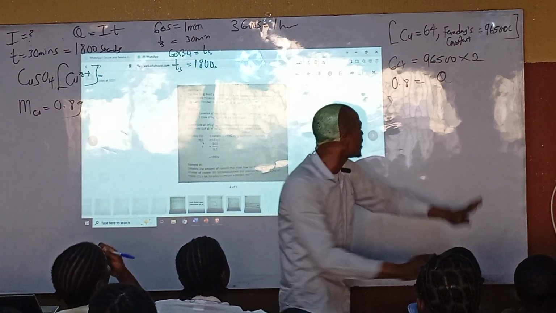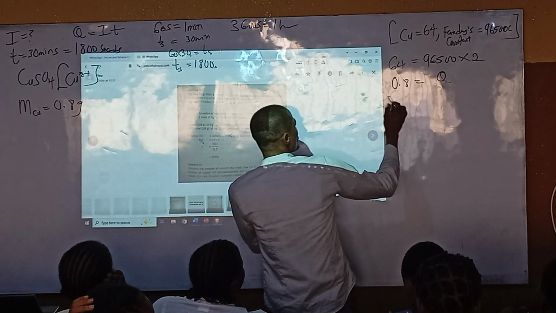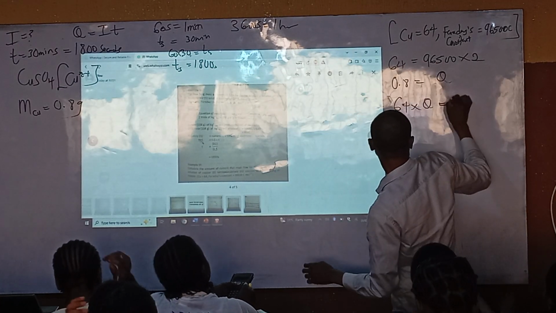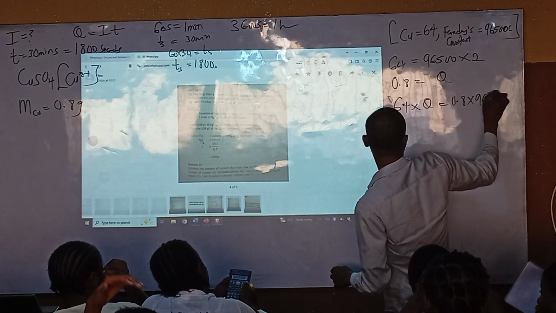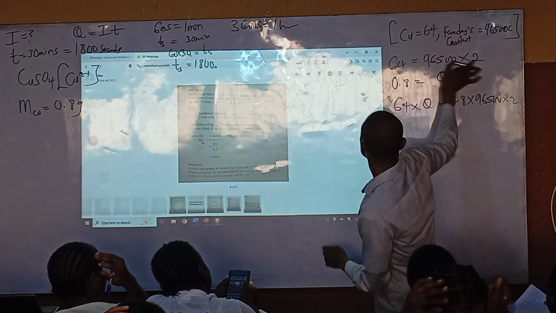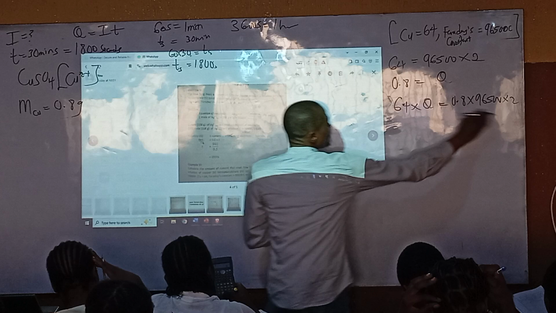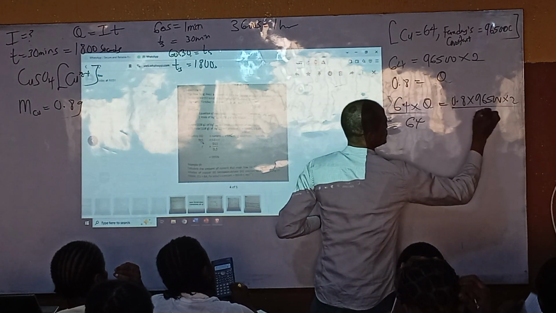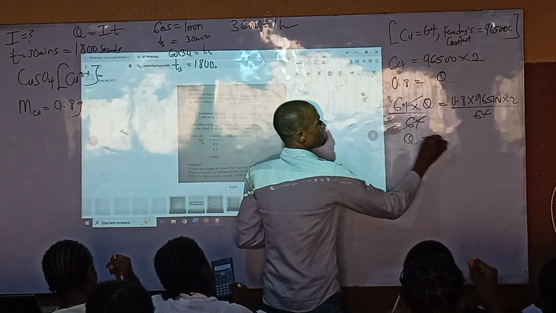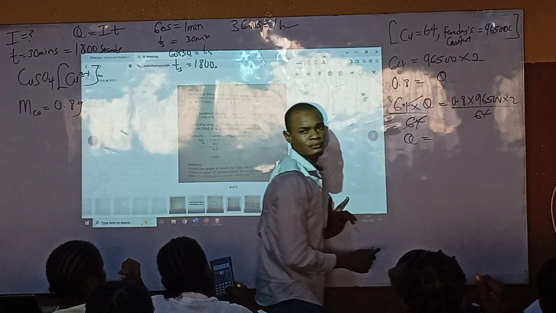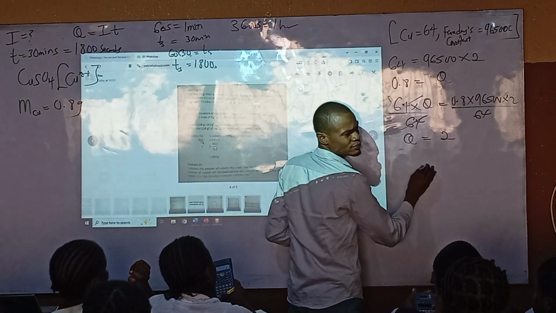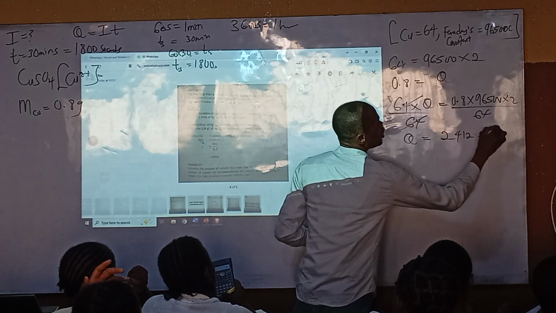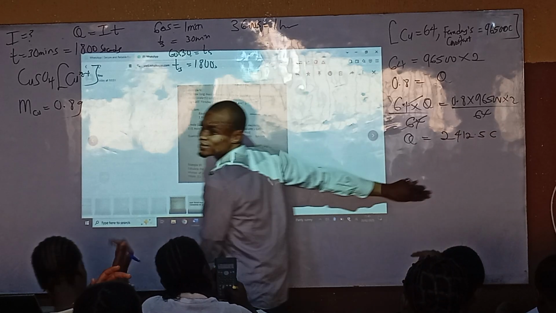But let's take it step by step. 64 times Q equals, times 2. Multiply this.